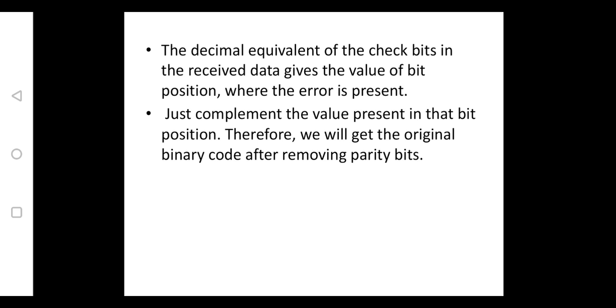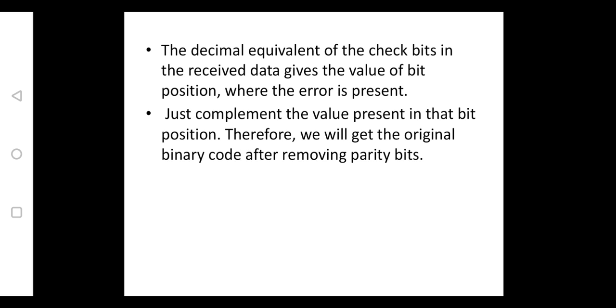In order to correct that error, just complement that bit. So in our example, we are having the 7th bit as 1. So complement of 1 is equivalent to 0. So just replace the bit where we got an error with the opposite one, so that is the correct received code word. This is how to find out an error and how to correct an error by using a Hamming code.